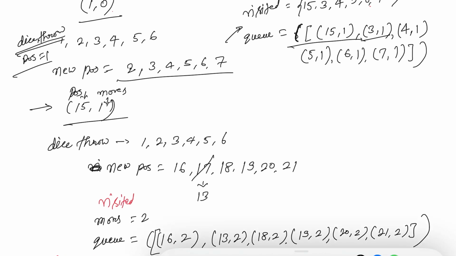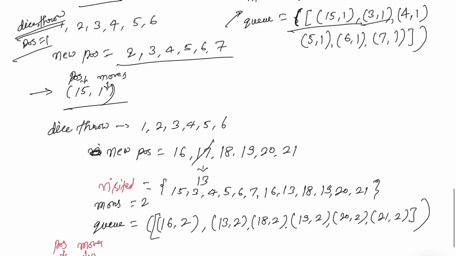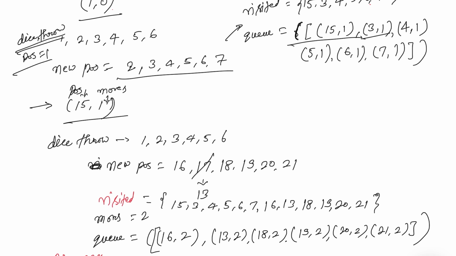So here visited was, we have already taken 15, 3, 4, 5, 6, and 7. Whatever is already inside of this set, we don't have to take; only unique moves we have to take. So 16, 13, 18, 19, 20, 21 will all come inside of this visited set. But see, for another lesser number of moves, like 7, it can come to 13 also.